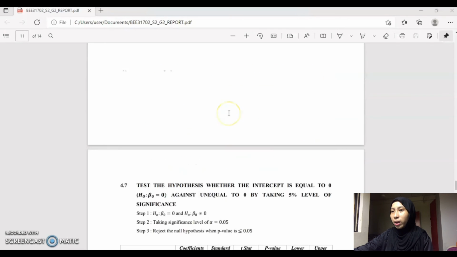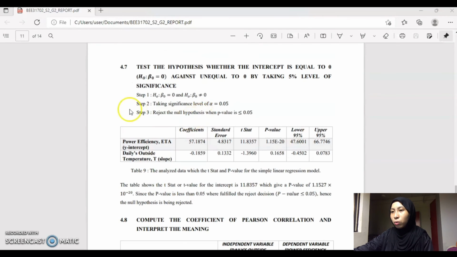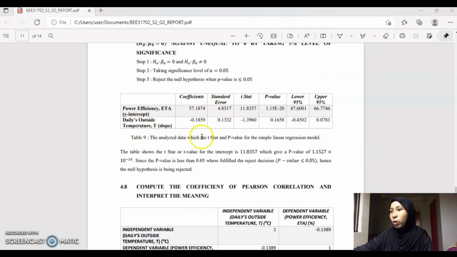Again we need to take three steps. In the table data, it shows the t-stat and p-values, so we focus on these values only. The t-stat value for the intercept is 11.8357, which gives a p-value of 1.1527 times 10 to the power of negative 20.